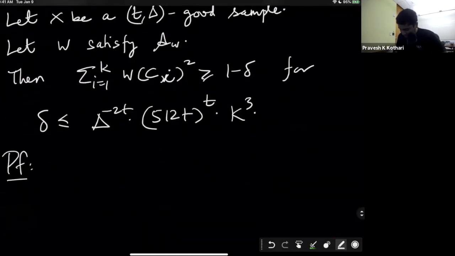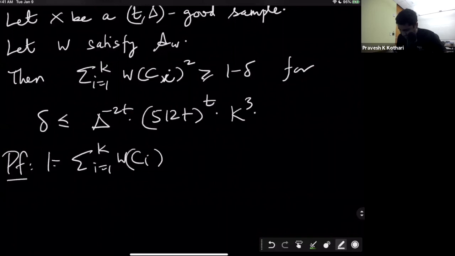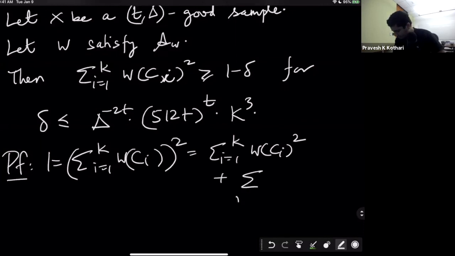So the first thing to observe is that if I look at this number, WCI, then you remember it was 1, which means its square is also 1, right? And if I square it, I get two kinds of terms. The square parts that I like, and then there are these cross terms.